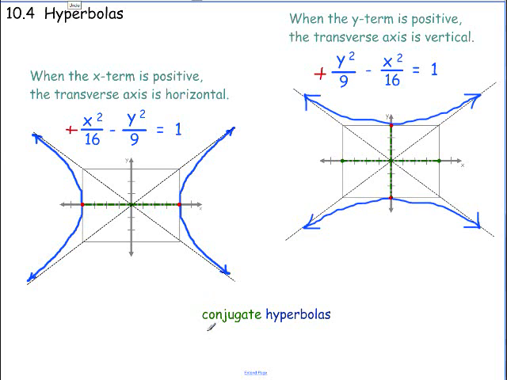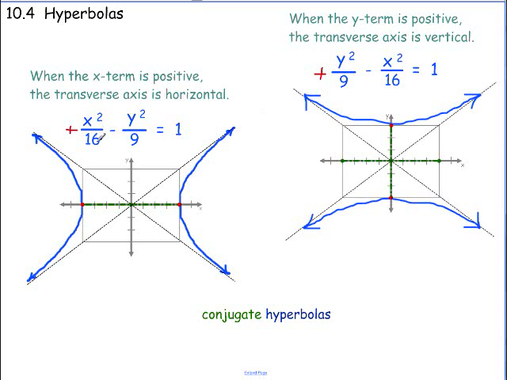These are referred to as conjugate hyperbolas. Perhaps you can see why. Can you see why? The only difference between them are the signs, right? This is y squared over 9. This is y squared over 9. This is x squared over 16.